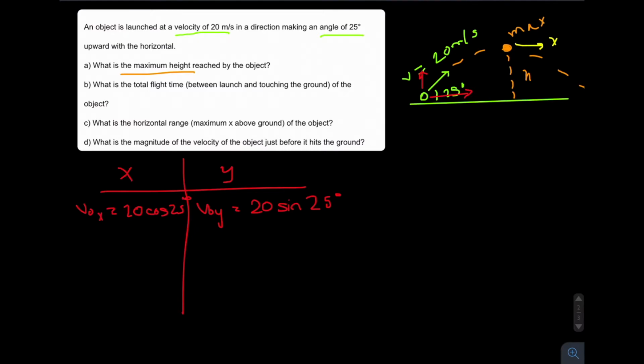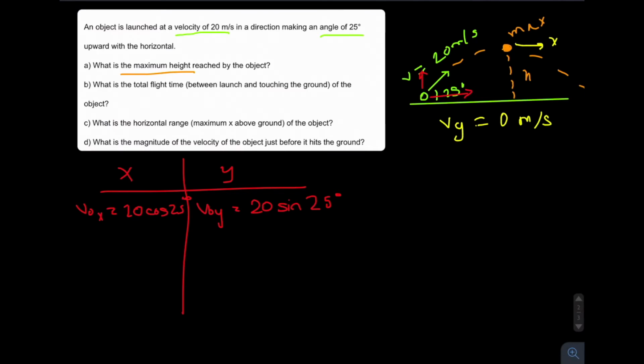What that is saying is that at the max height, we have no y velocity, because we're not going to increase in height. That wouldn't be the max height if we were going to increase. So the velocity in the y direction is 0 meters per second.